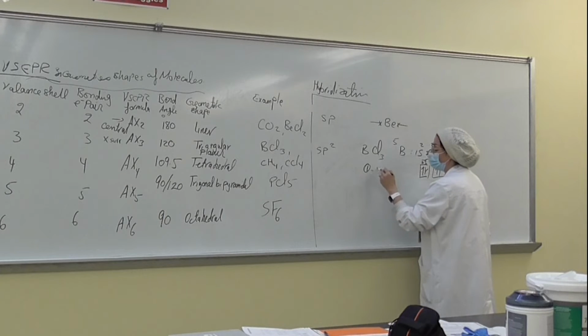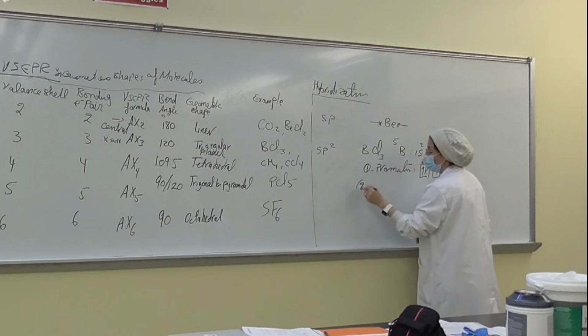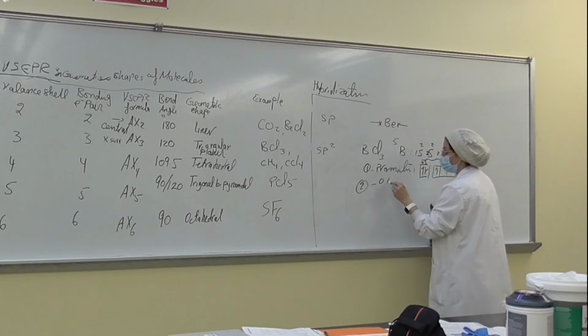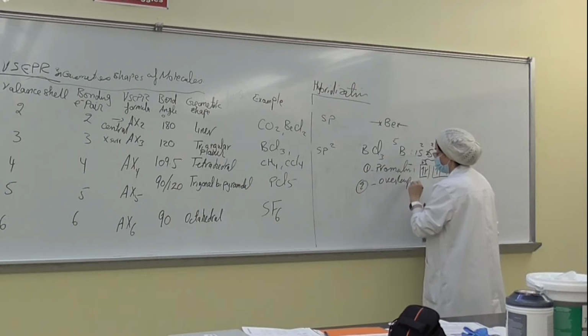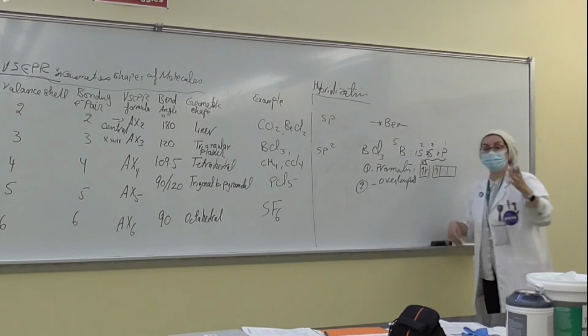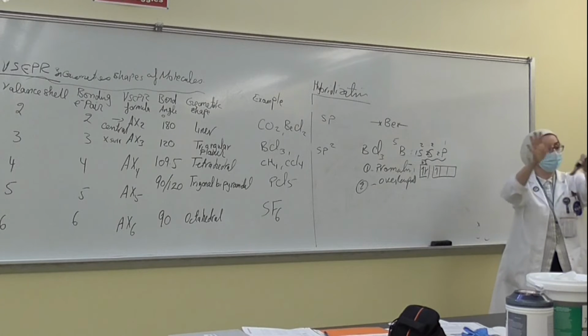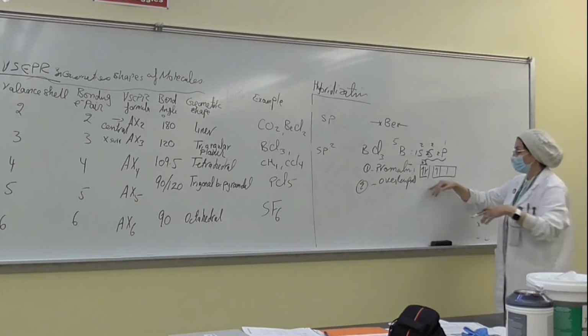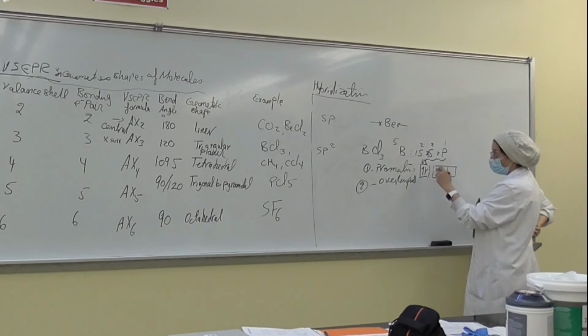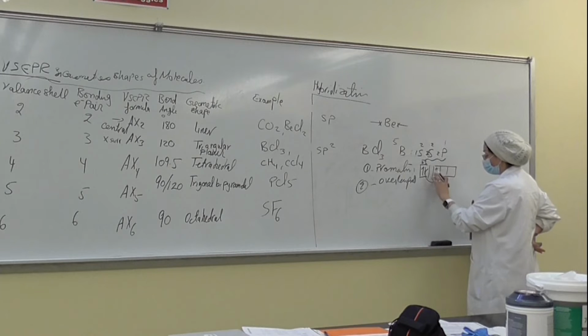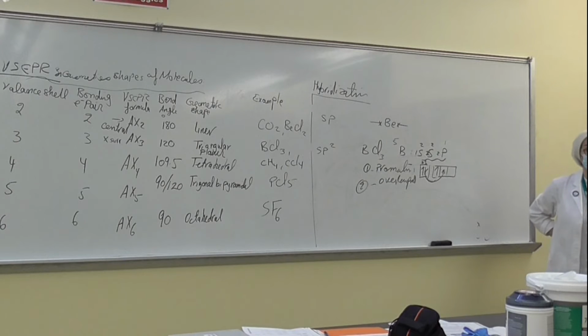Number 1 is a promotion. Number 2 is overlapping. They are going to come across each other, and they are going to hybridize. So the promotion is, one of those from the s will be promoted to a p orbital.